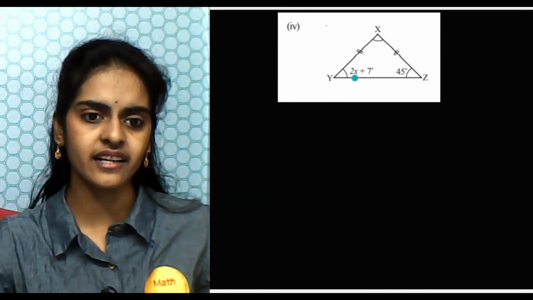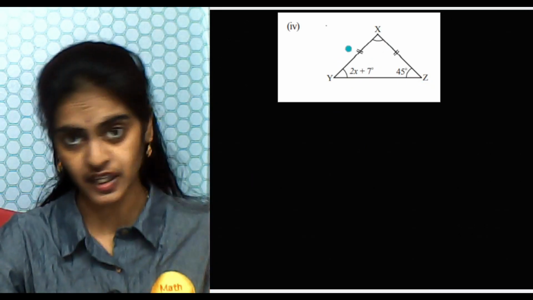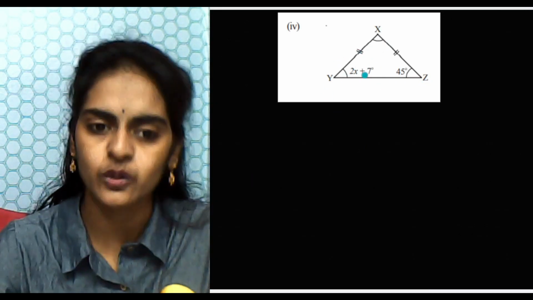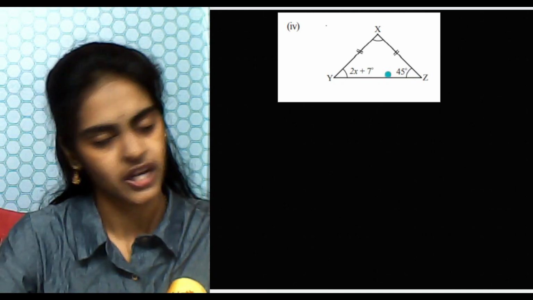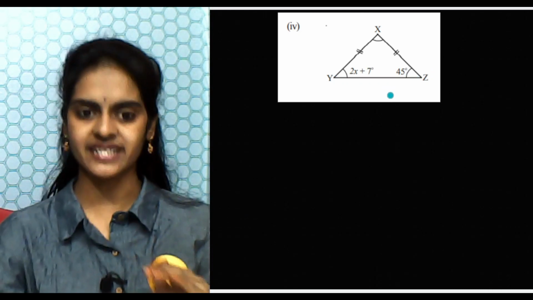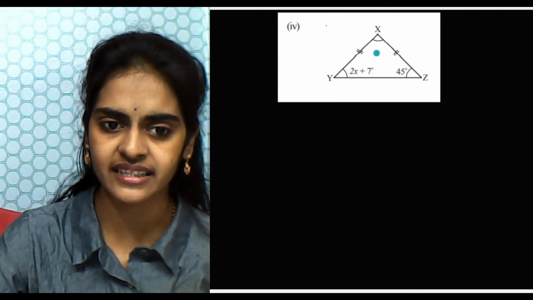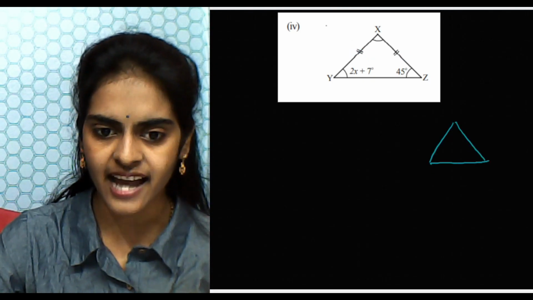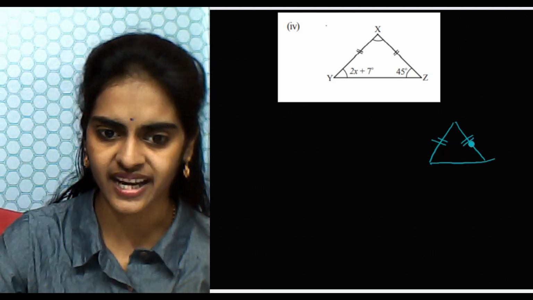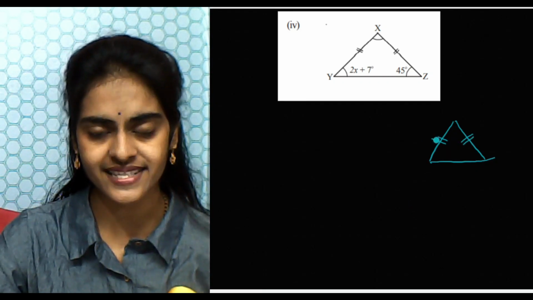So here also you can see you have a triangle, and two angles of this triangle are given. But here the concept is, just see, these two lines are equal. You have marked it in this way on the triangle, which means these two sides are equal.